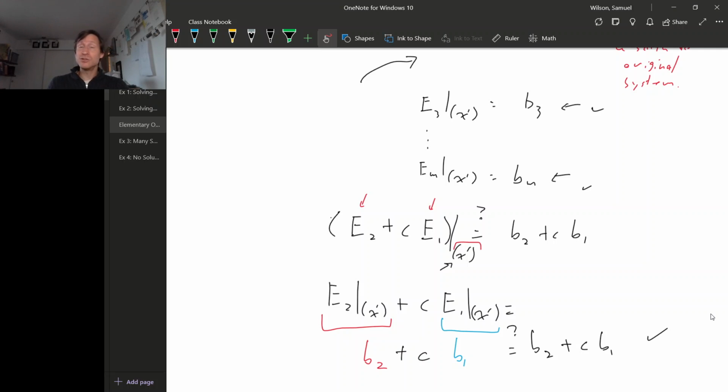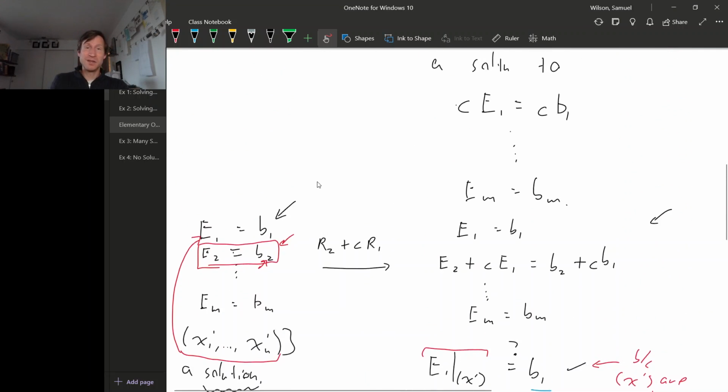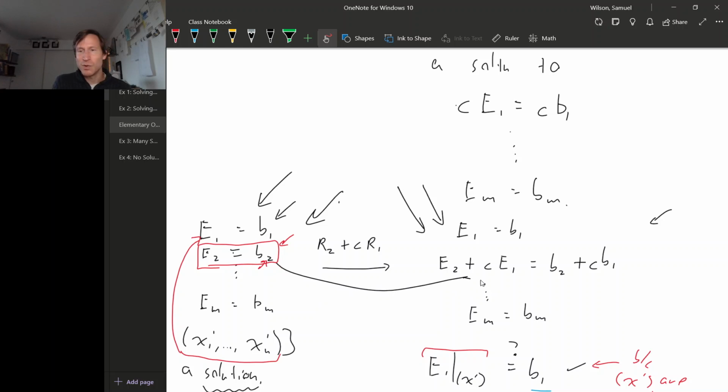So every solution to our original system of equations gives us a solution to our new system of equations. And in fact, this whole argument works exactly in reverse, so that any solution to our new system of equations had to have come from a solution to our old system of equations. And that means that replacing this second equation with our modified second equation doesn't change the collection of solutions.